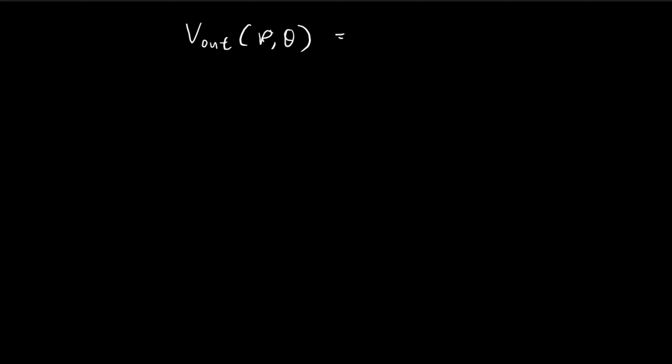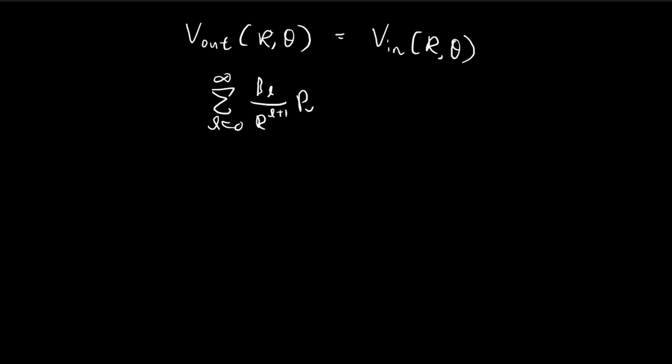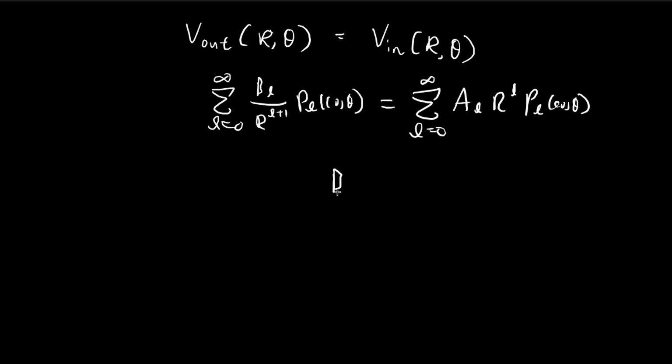So we know that on the surface of the sphere, this must be true. And so by comparing coefficients, let me just write out the expression. So by comparing coefficients, we can actually come to the conclusion that B_L over R^(L+1) must be equal to A_L R^L.